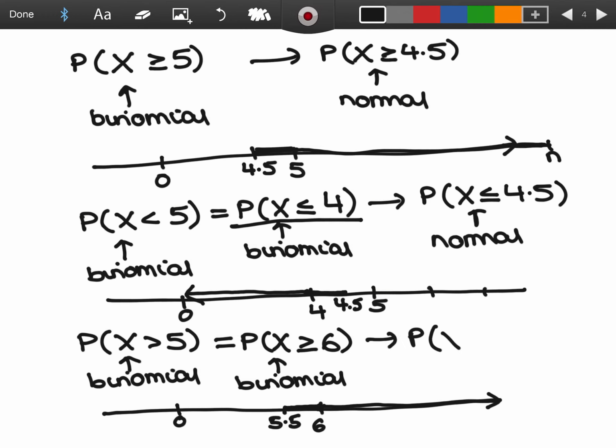So in normal distribution, this is the probability that x is greater than or equal to 5.5. Make sure you're happy with that continuity correction, and which way you have to round. Always draw yourself a number line so that you can figure out how to make that set larger and figure out the values that will always round to the number that you want.